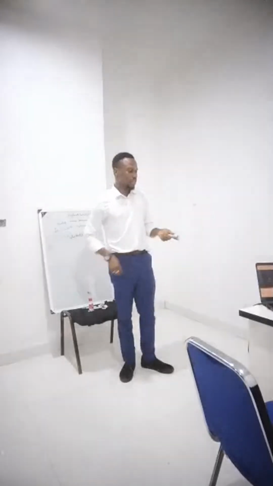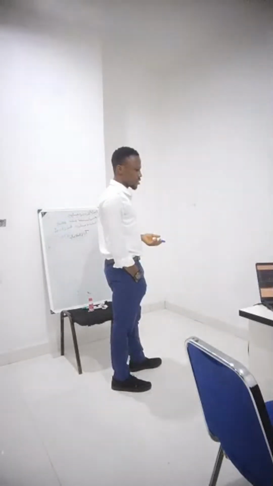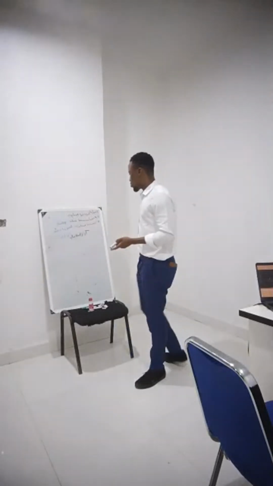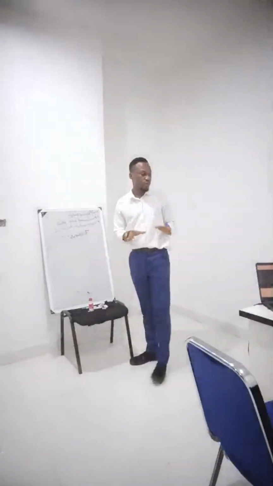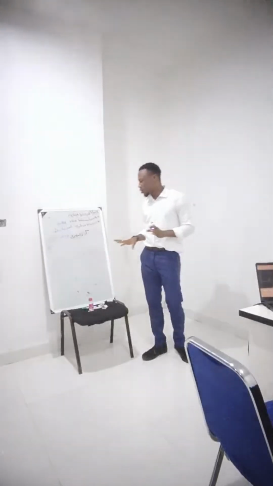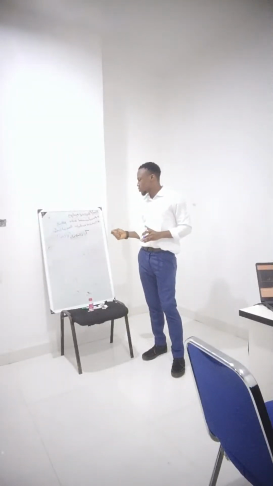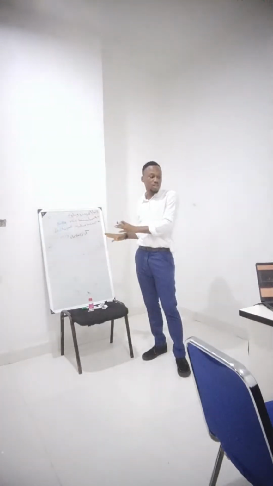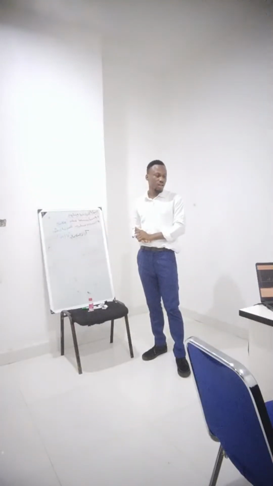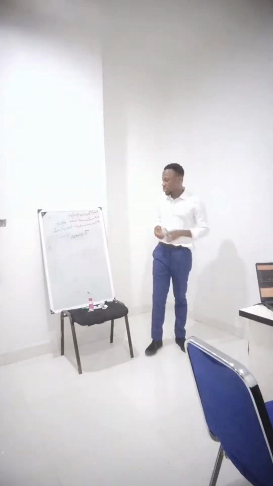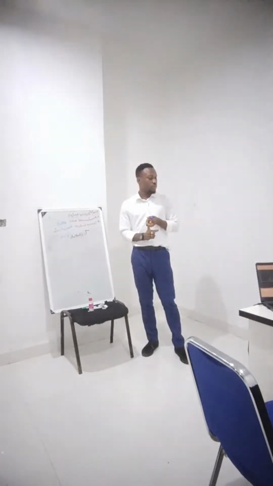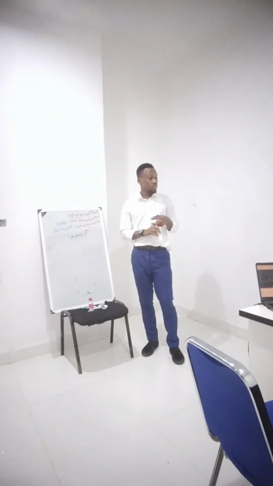Now, technical analysis is you being able to tell what is going to happen in the market based on your analysis of how the chart behaves, based on the behavior you are seeing currently on the chart. And this analysis ranges from the shape of the charts, the candle patterns, and maybe indicator patterns if you're using indicators.